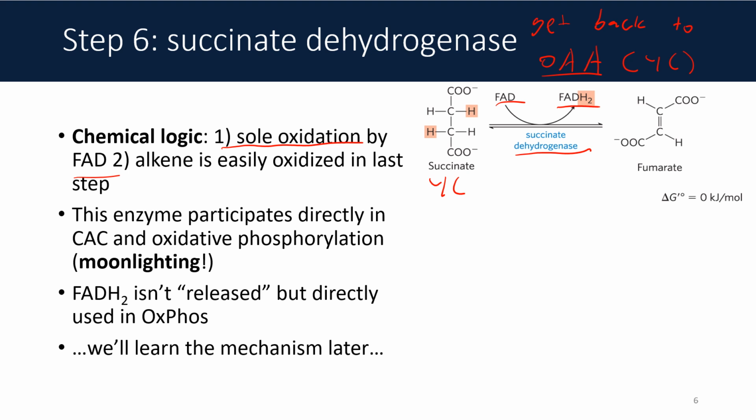And there actually is a good reason for that. You're going to see this when we talk about oxidative phosphorylation, which is down the road. But all you need to know for now is that FADH2, like NADH, is money in the bank. We're going to cash that in for a lot of ATP really soon.